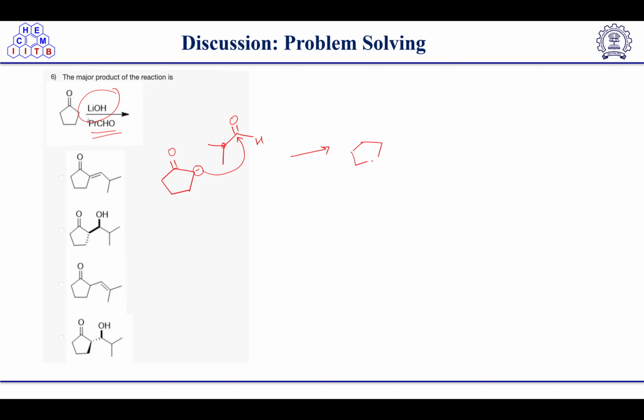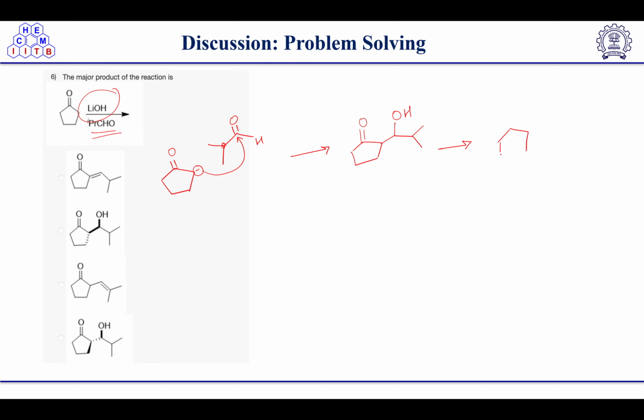Now what will be the intermediate product? Got this one. Now condensation will take place or not? Because on the arrow there is no condensation reaction condition given, so we will not do it.